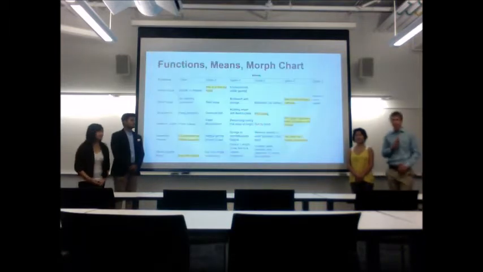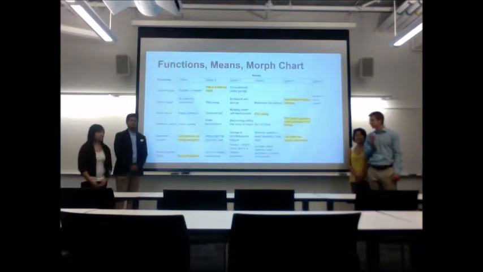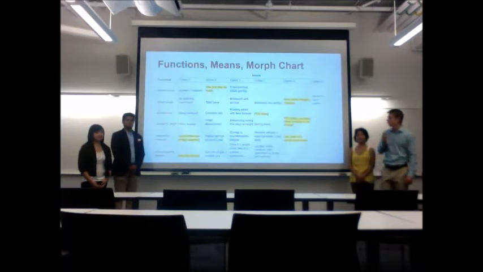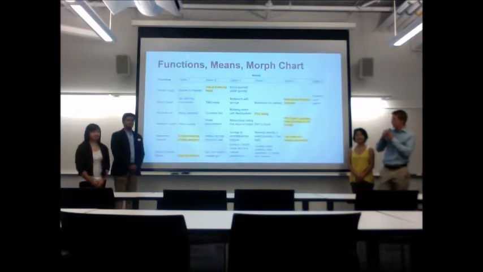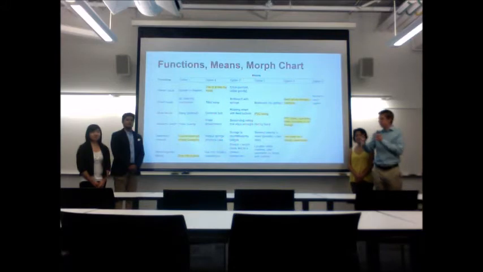Once we had our objectives and constraints defined, we came up with 6 different functions. Our functions were accepting inputs into our machine, then orienting those inputs, then moving the blocks once they're oriented towards our sorters.